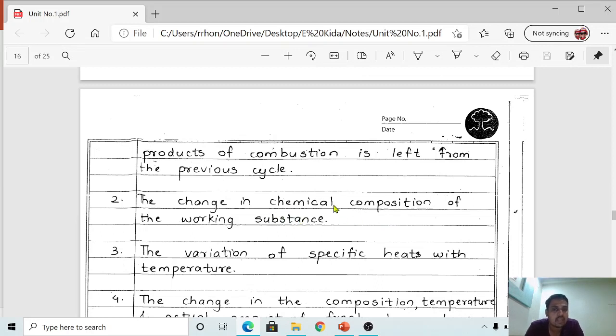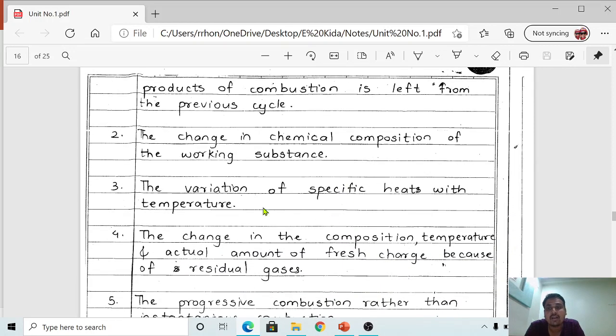As the petrol properties change somewhat, there will be changes in the chemical composition. As the quality of air changes, definitely there will be changes in the chemical composition. So whatever change happens in the chemical composition of the working substance, some changes may happen in the cycle.